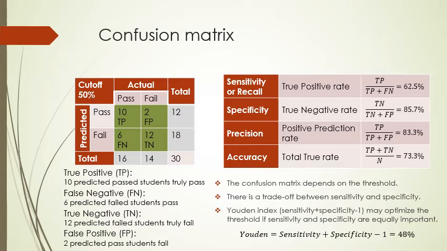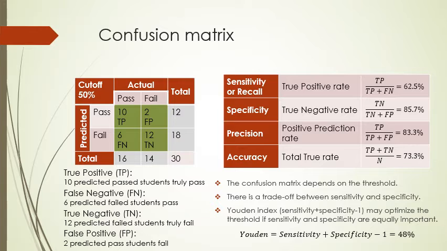They are the false negative, since they are predicted negative and the prediction is wrong. Similarly, 12 students predicted to fail by the model truly failed the exam. They are the true negative, since they are predicted negative and the prediction is correct.